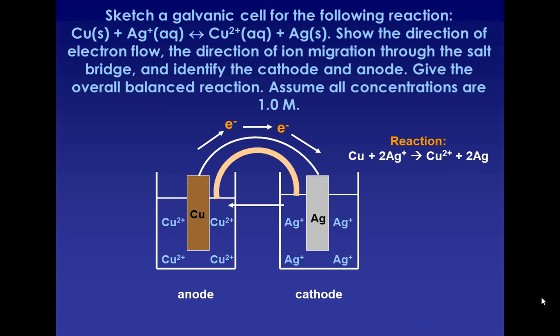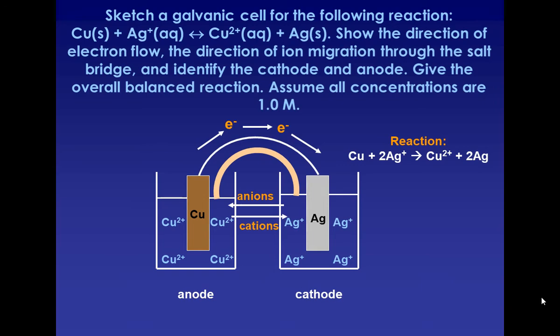Our ions are not moving from the cathode to the anode. They're moving through the salt bridge that's flowing between them. So the anions are going to move into the anode compartment, and the cations are going to move into the cathode compartment. And again, the salt bridge is the more circular shape that's connecting the two.